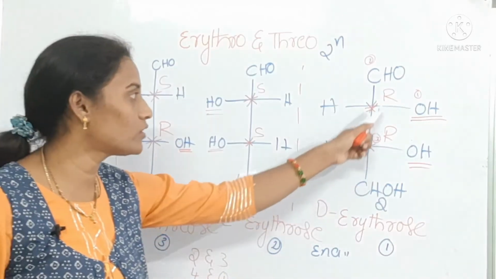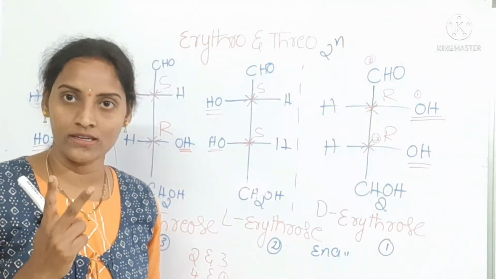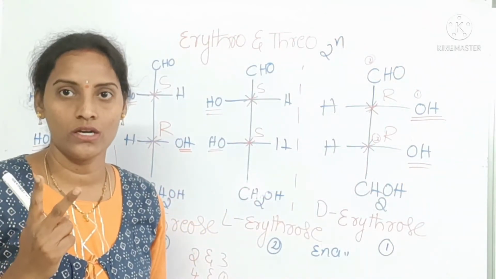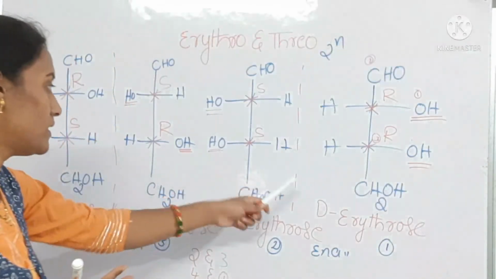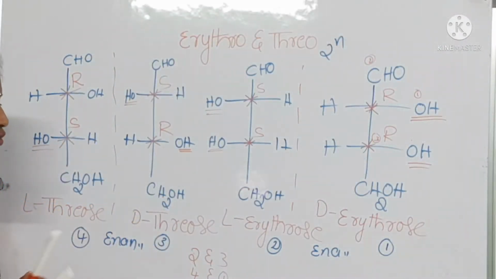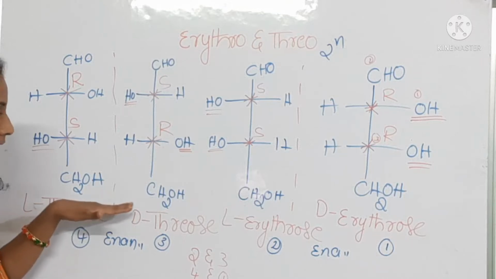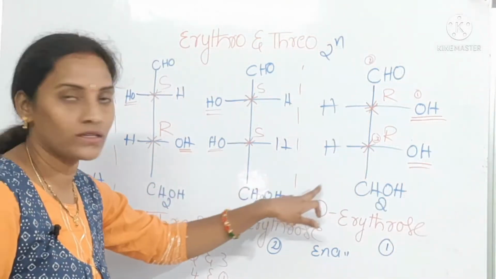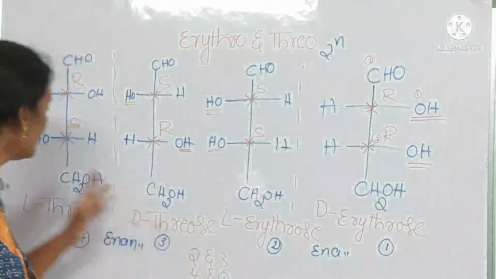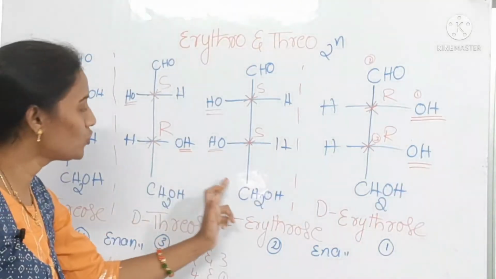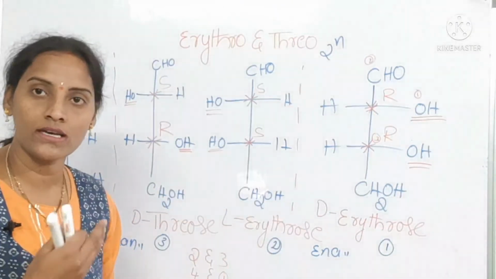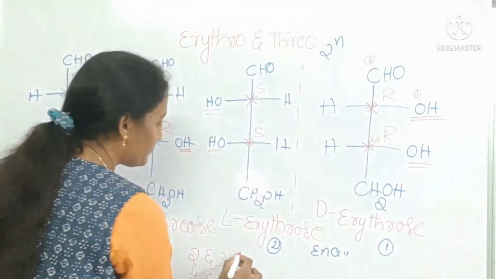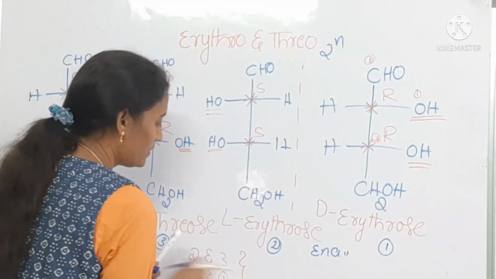Here for this molecule, 2 stereo centers are there, 2 power 2, 4 isomers you have. Among those 4, these 2 are the enantiomers and these 2 are the enantiomers, and 2 and 3, and 4 and 1, these are the diastereomers.